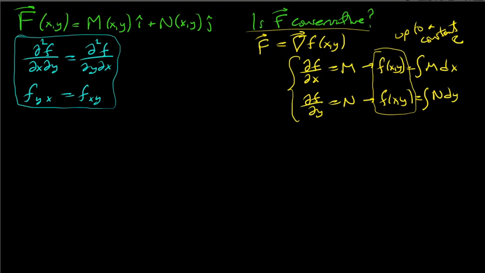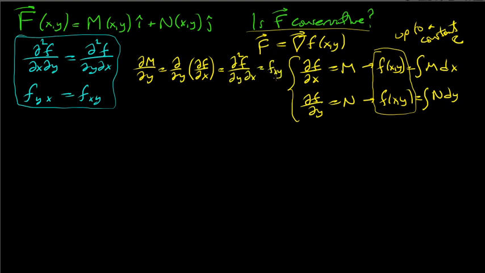So if I take the second derivative of f, let's do it one step at a time. I'm going to take the partial of m with respect to y, because that's the partial with respect to y of the partial of f with respect to x. In other words, it's the second partial derivative of f, first with respect to x, then y.